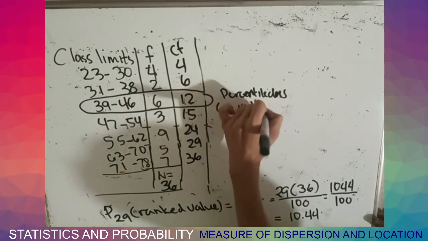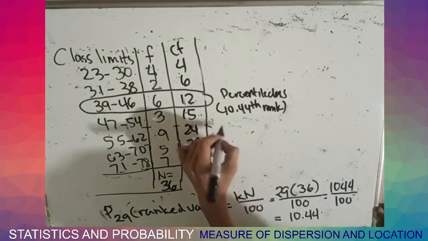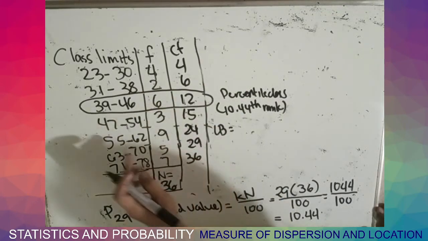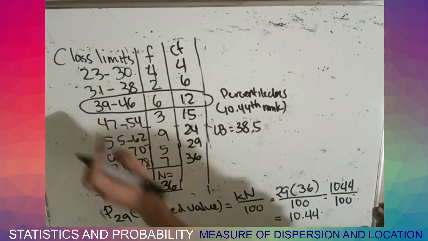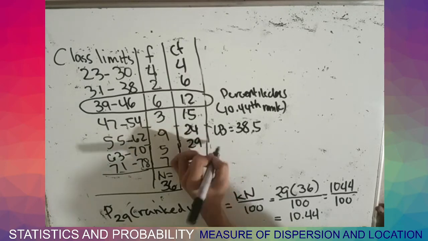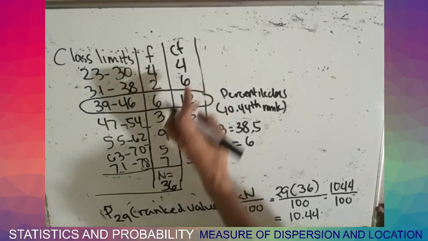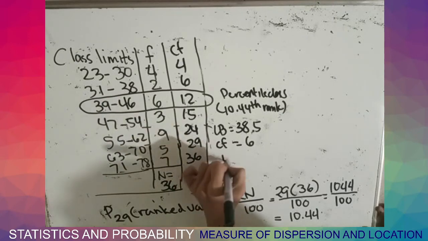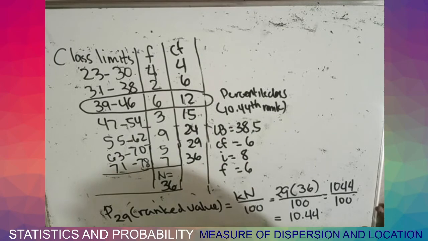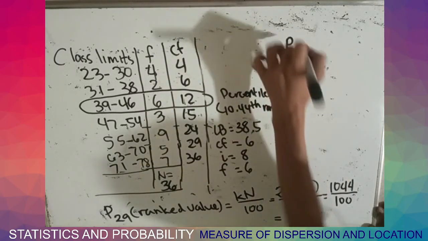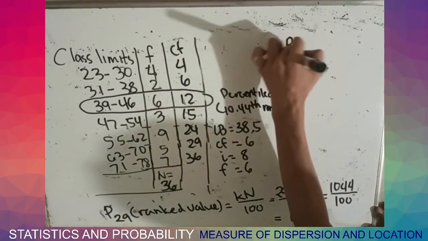Then pwede na natin kunin yung mga values natin. LB ay equal sa 38.5 kasi minusan natin ng 0.5 si 39. CF natin 6, interval natin ay 8, frequency natin ay 6.